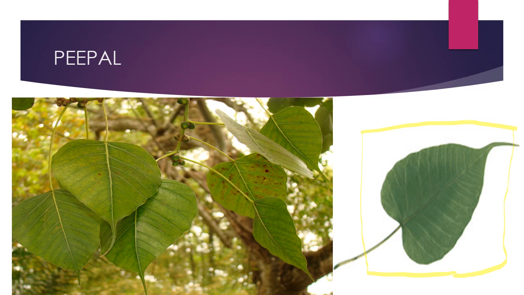This is the peepal tree shown in the figure. Peepal tree is native to the Indian subcontinent and Indochina. It is also known as Bodhi tree, Pipala tree, Peepal tree and Ashwatha tree. There are many names of this peepal tree.